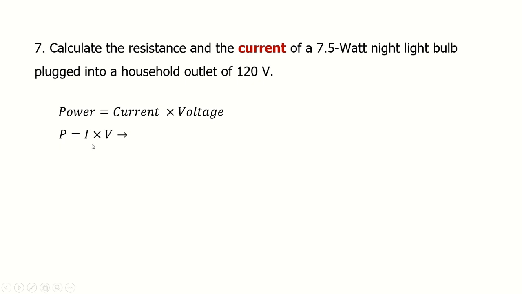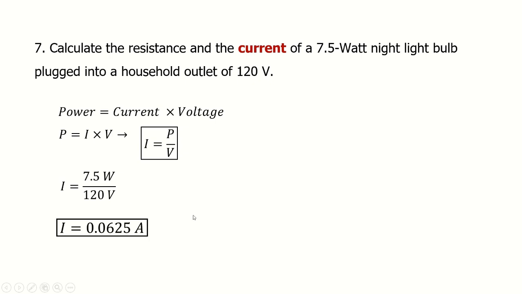So P is equal to I times V. We divide both sides by V, and we are able to come up with this formula. So that's going to be 7.5 divided by 120. The answer is going to be a current of 0.0625 amperes.